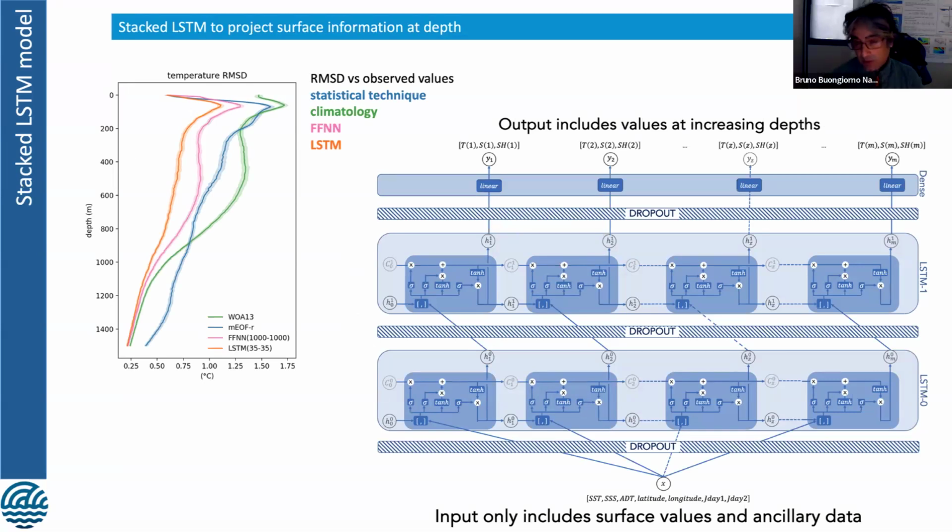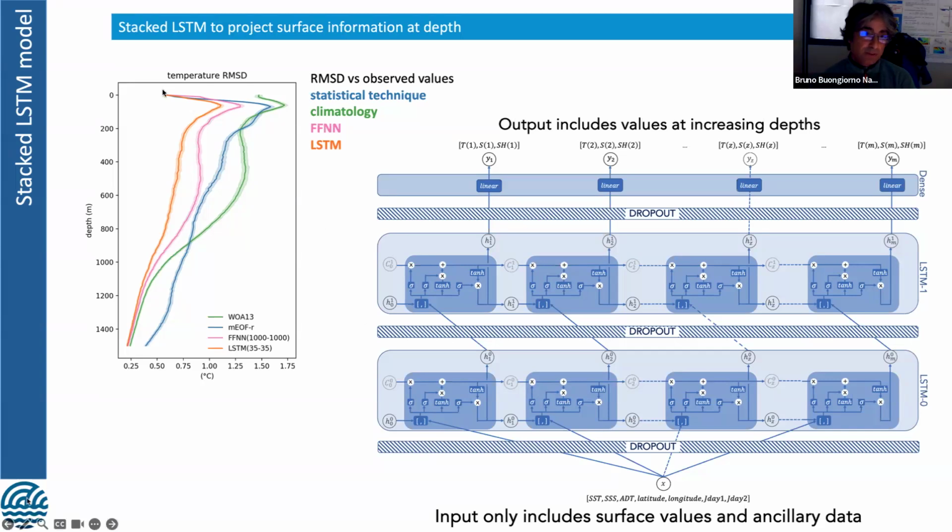But in our case, we adapted this approach, thinking about our profiles as vertical sequences. We designed a network that looks a bit complicated, though it is not that complicated in the end, but it is much more efficient in extracting and learning the features that characterize the vertical profile.